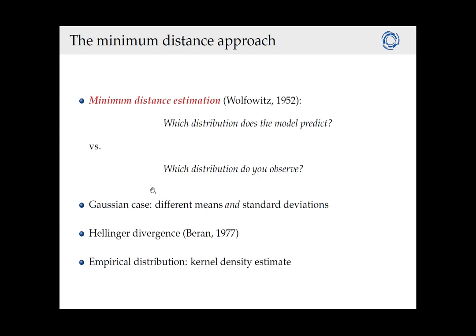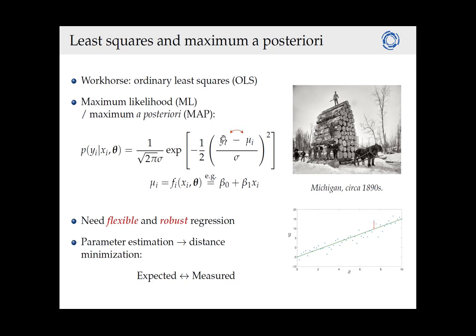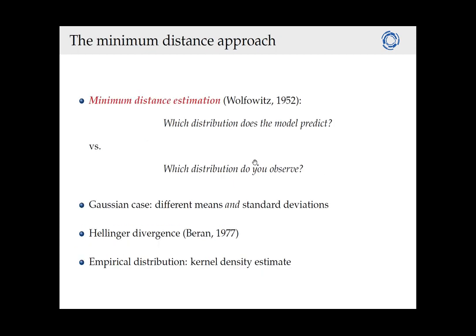Now, for instance, in the Gaussian case, this allows you to compare not only the means of the distributions, but also the standard deviations. So you take into account the fact that not only the means of the predicted and observed distributions might be different, but also their standard deviations. And for other distributions, we could also look at higher order moments.